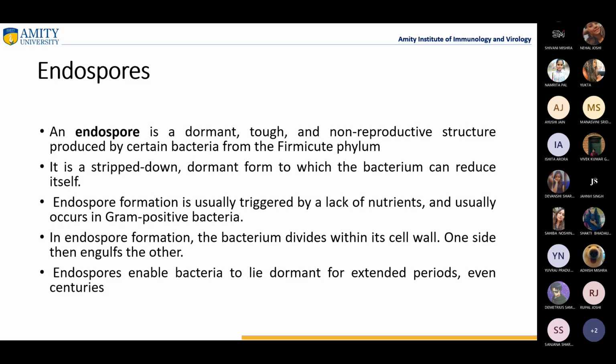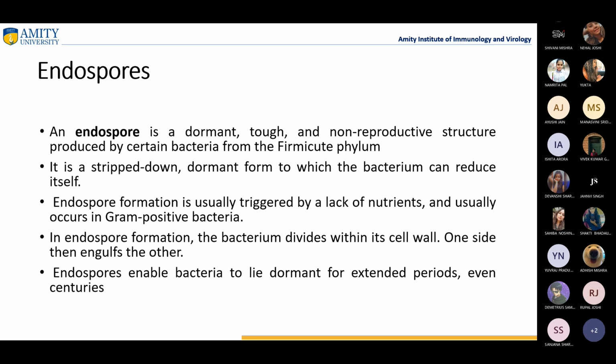Endospores are common structures which are formed. These are dormant, tough, and non-reproductive structures produced by certain bacteria from the Firmicutes phylum, and it is a dormant form to which a bacterium can reduce itself. Endospore formation usually occurs during unfavorable conditions when there are fewer nutrients, right?